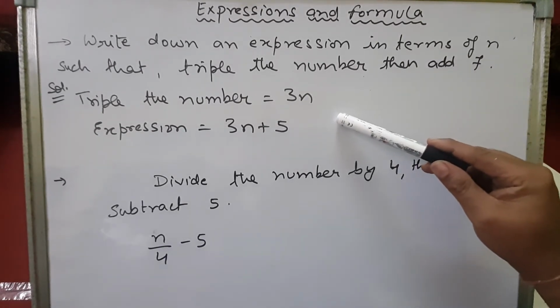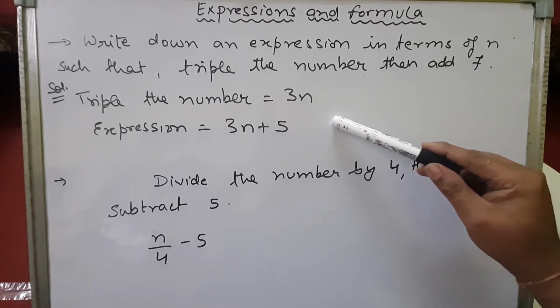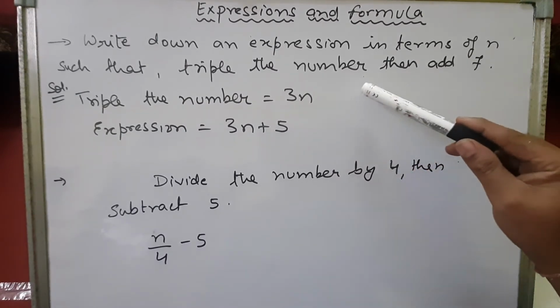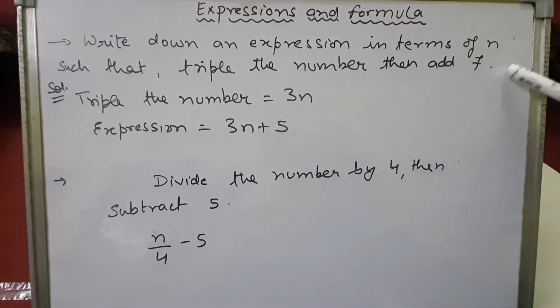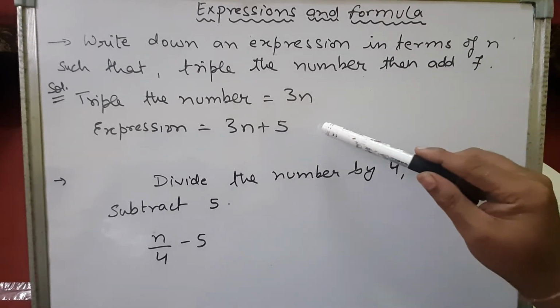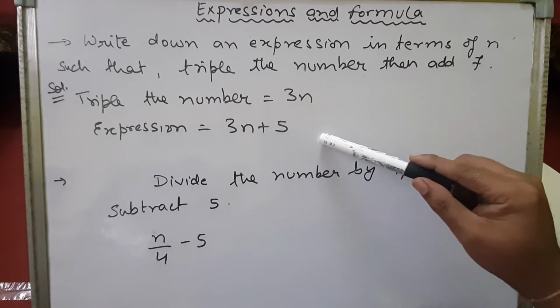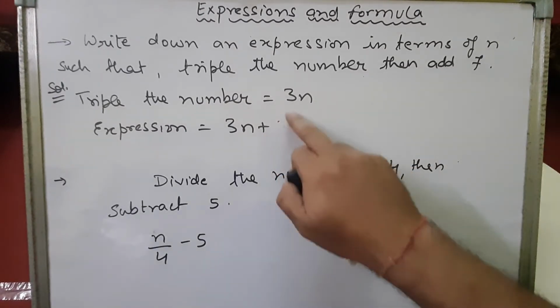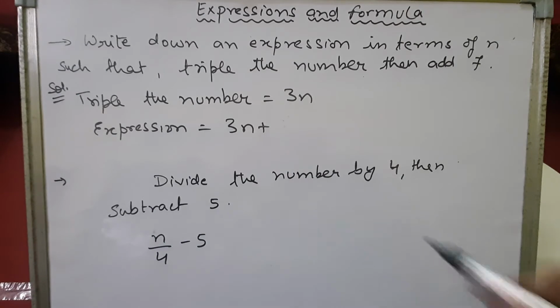So when we multiply 3 into n, we'll get 3n. Now we have to add 7 to the result. We are not supposed to add 7 to n. So the expression will be 3n plus 7.